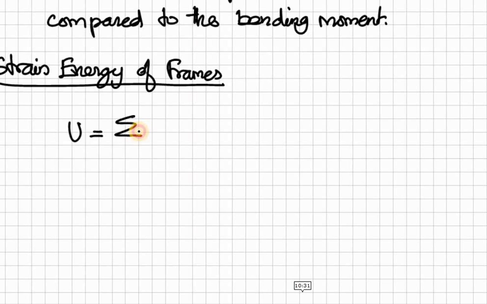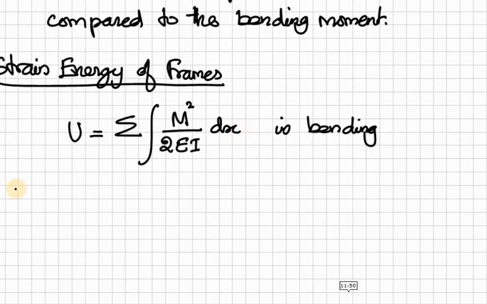But if the members are rigid and inextensible, we can ignore the strain energy due to axial force. We can consider only the bending strain energy. So this is the expression for strain energy due to bending.